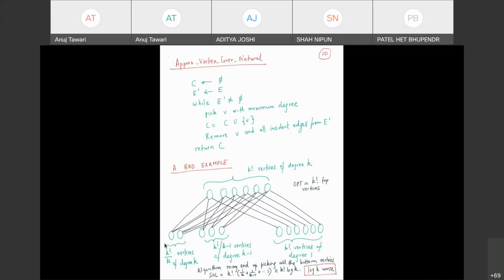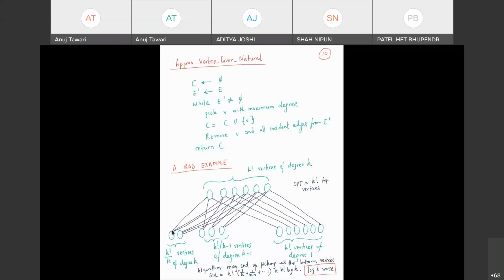At the bottom, we have k factorial divided by k vertices of degree k. Degree k means every vertex here connects to k vertices at the top, and all these vertices are connected to different subsets of top vertices. If there are k factorial vertices at the top, you need k factorial divided by k vertices at the bottom, each connecting to k vertices at the top.